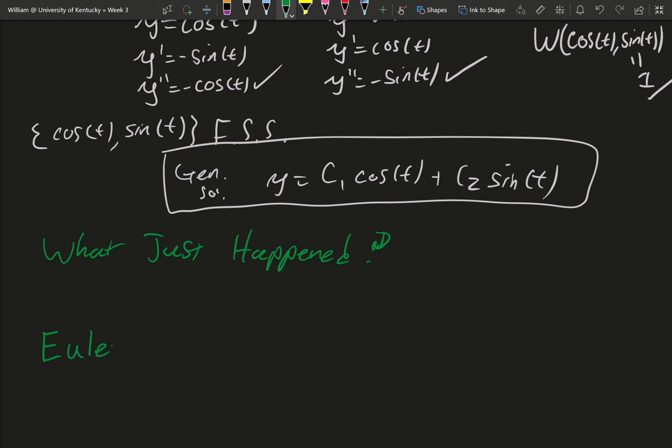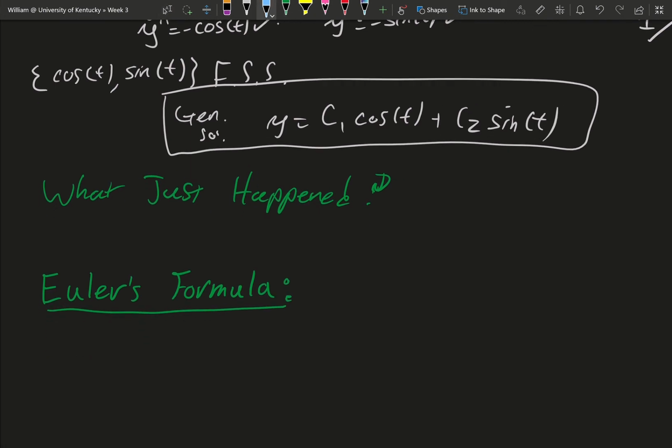So first, there's something known as Euler's formula. And what this says is that, first of all, Euler's formula in some sense is kind of maybe a definition, but it's a definition that has all the properties we need it to.